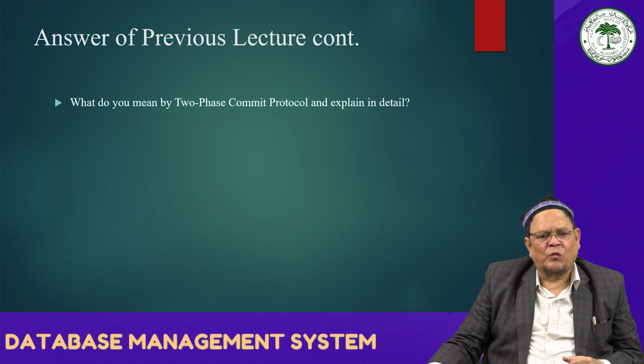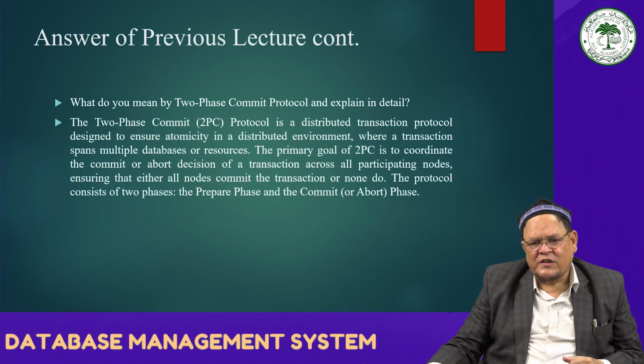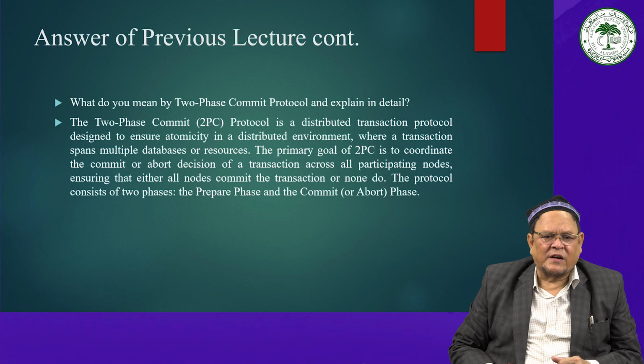The last question, what do you mean by the two-phase commit protocol, and explain in detail? The answer is, the two-phase commit protocol is a distributed transaction protocol designed to ensure atomicity in a distributed environment where a transaction spans multiple databases or resources.